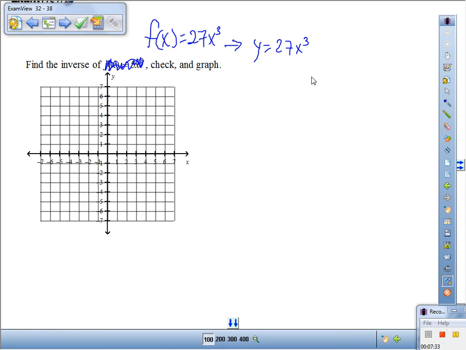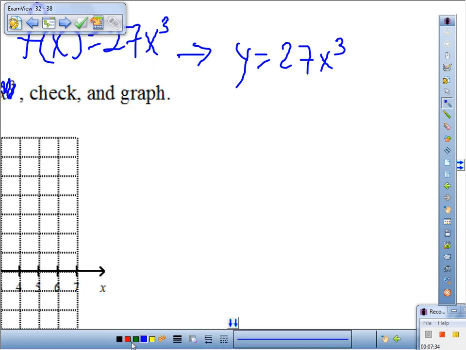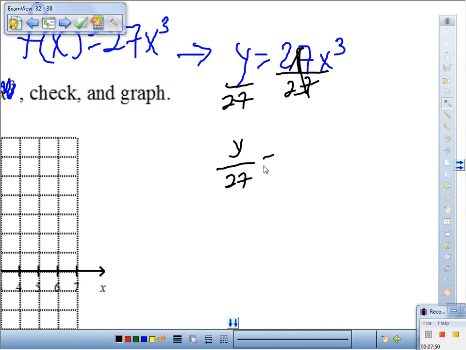Let me zoom in. All right. Next, we need to leave the x cubed by itself. So what do we do? Divide by 27, divide by 27. I end up with y over 27 equals x cubed. How do I cancel this cubed?